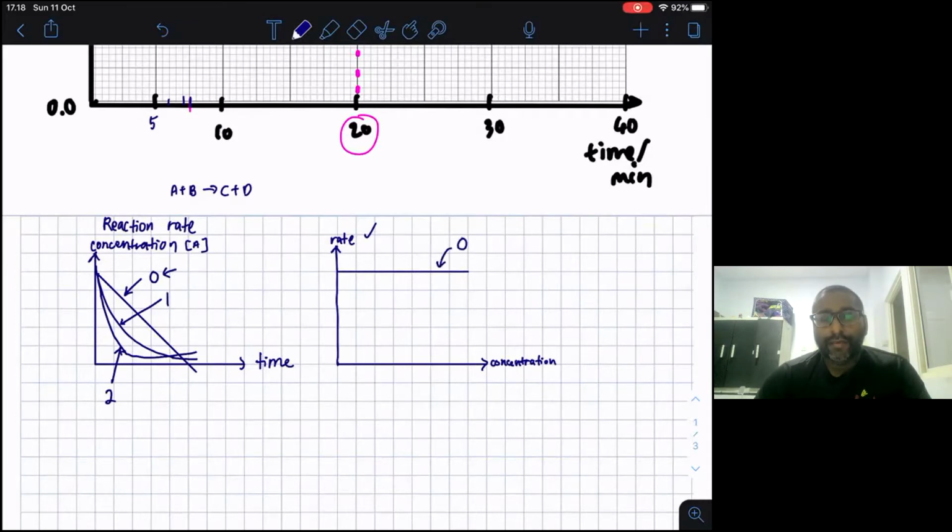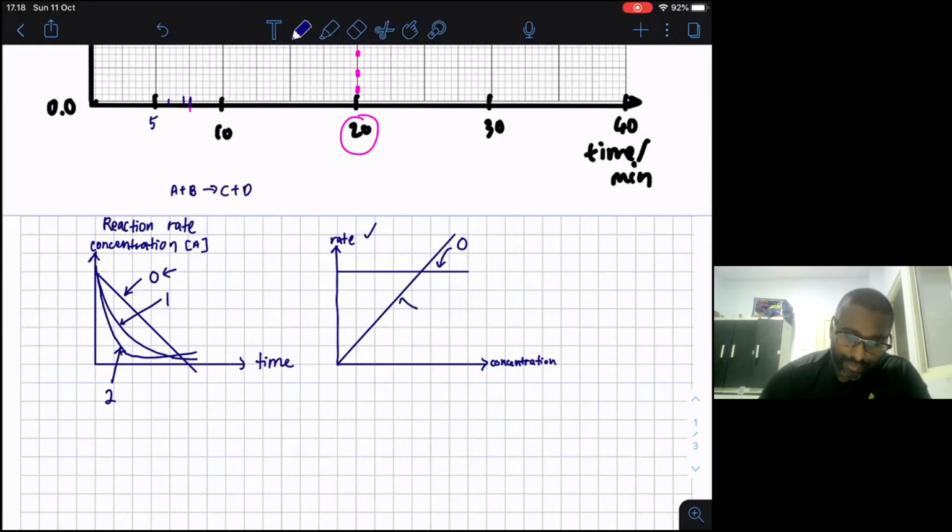And we also have another two graphs. The rate can be a straight line graph, so when the concentration increases, the rate increases proportionally. So we will have something like this, a straight line graph.